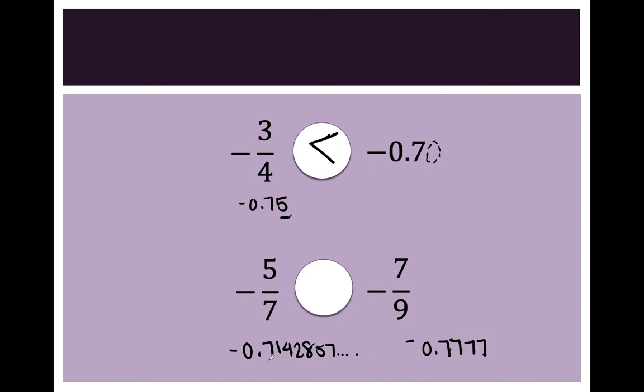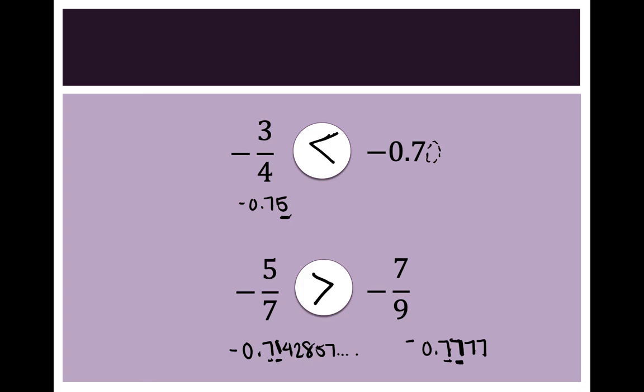So here they both have a 7 in the 10th place, and then this one has a 1 in the 100th place, while this one has a 7. So really that's all I need are the 2 place values. Since 1 is typically less than 7, since they're both negatives, it's the reverse. 1 in this case would be greater than 7 since they're negative, and 7 would be farther from 0 to the left on the number line.